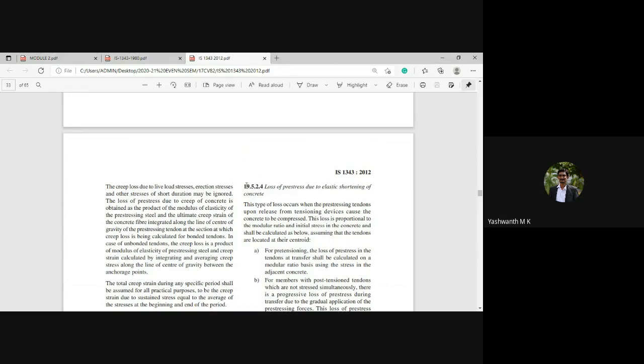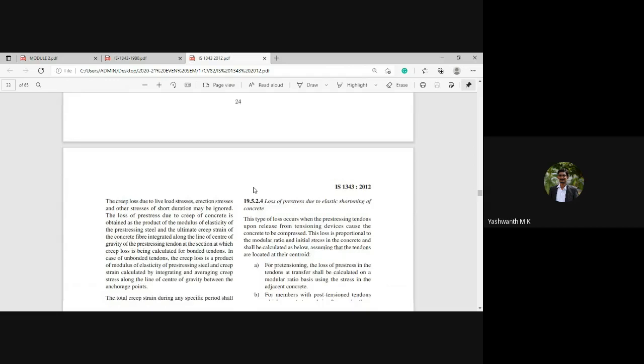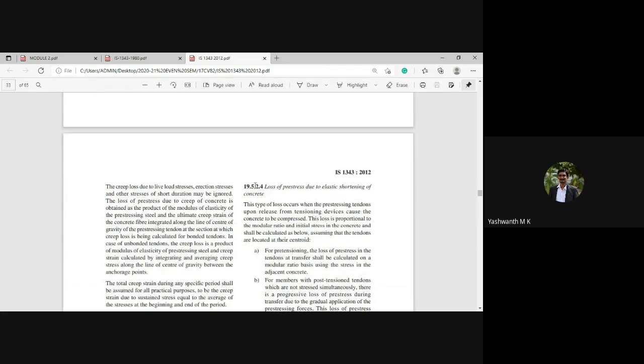This is in clause 19.5.2.4, page number 25. Please remember this, because whatever page numbers I mention will be useful while solving problems in the examination, so that you can immediately open that particular clause or page number in the code book and save time instead of searching. That's why I specify this.